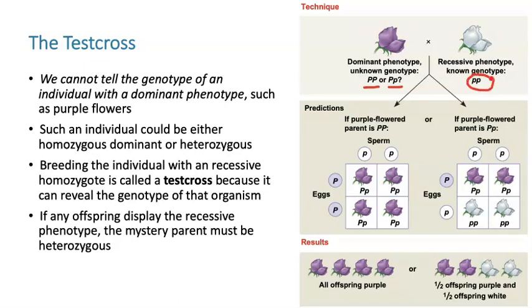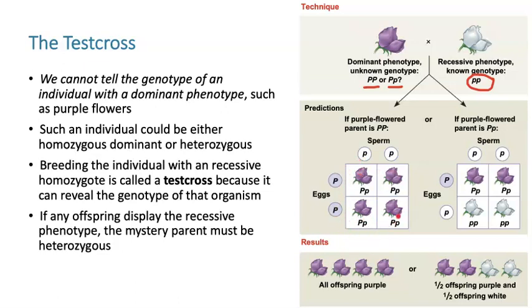Because if you cross it with a white plant, you are going to know for sure whether that is a big P, big P or big P, little p purple plant. Again, this is called a test cross, so we're just trying to figure things out. If you cross a big P, big P with a white little p, all of your offspring are going to be heterozygous.